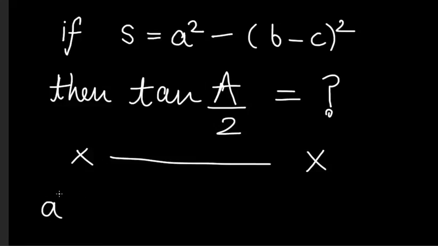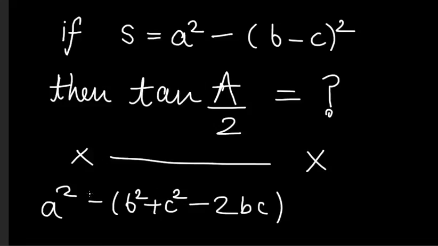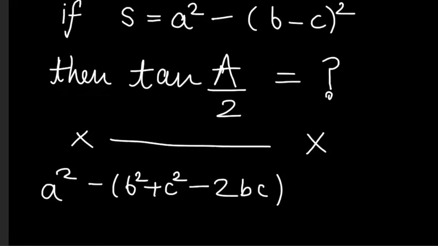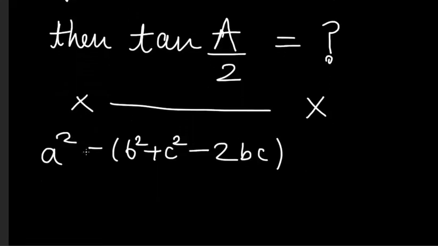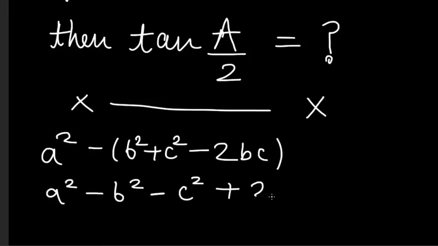If I expand this, I'll get a square minus b square plus c square minus 2bc, right? And since we have a negative sign in front, if you just open the bracket, it's going to be equal to a square minus b square minus c square plus 2bc.